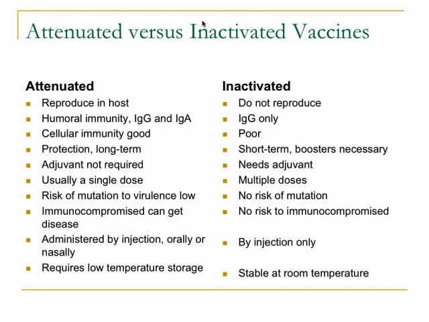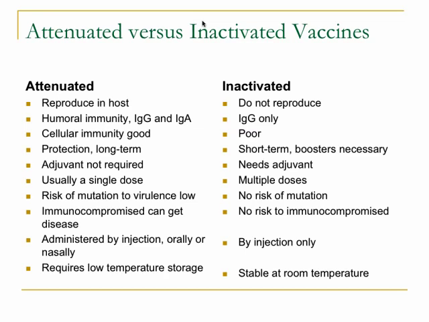So this is a summary of the key differences between attenuated and inactivated vaccines. Attenuated vaccines are able to reproduce or multiply in the host. So as soon as you get vaccinated, it's going to reproduce and cause an infection, but ideally without symptoms or with very mild symptoms.